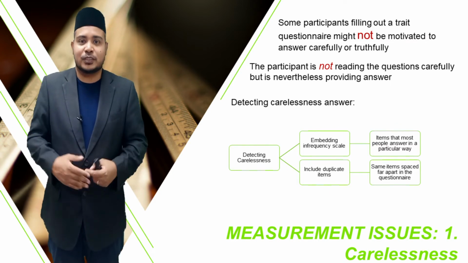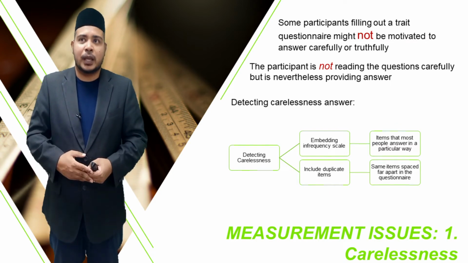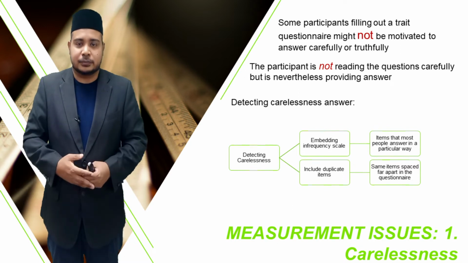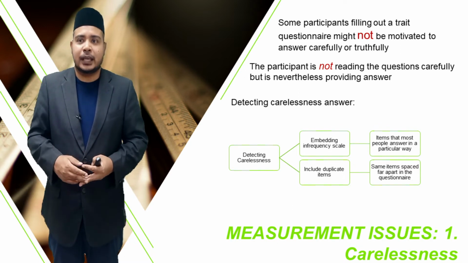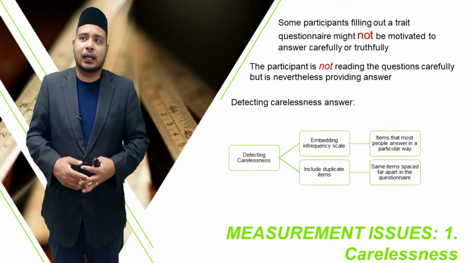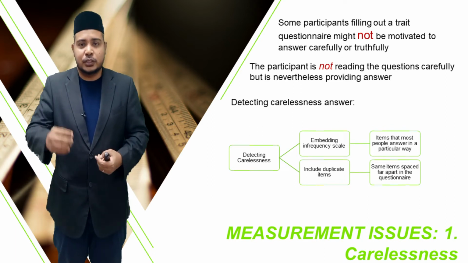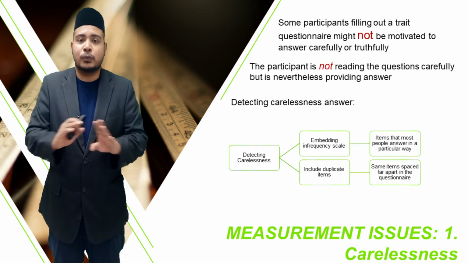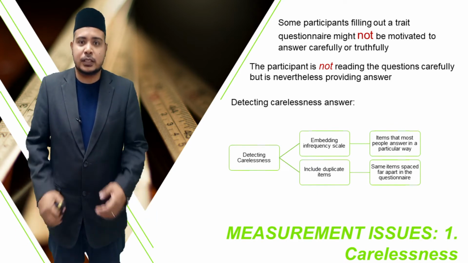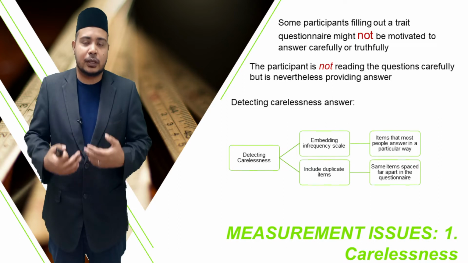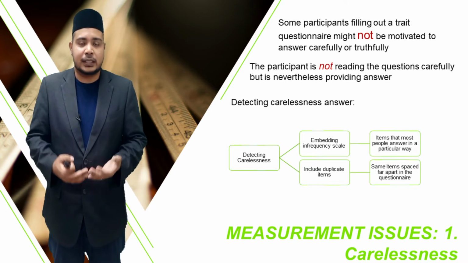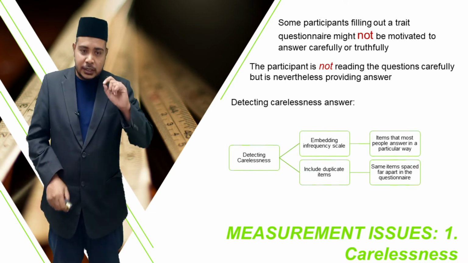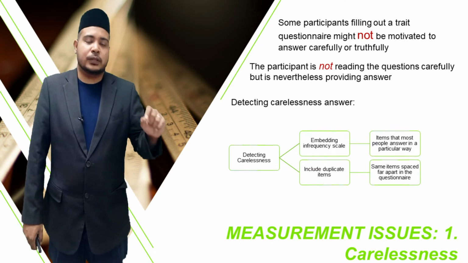Nowadays it's very creative. They ask how many legs a dog has, or how many hands a cat has, for example. So it's very specific questions whereby everyone will answer the same way. There is no influence of personality in that question. So we have a very established infrequency scale.